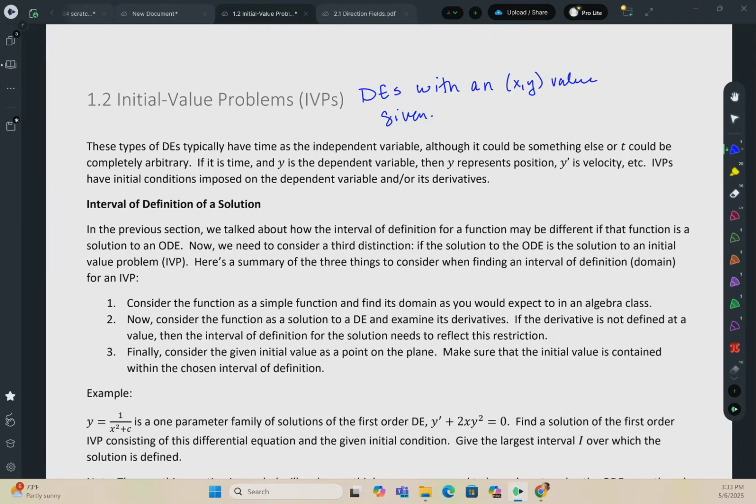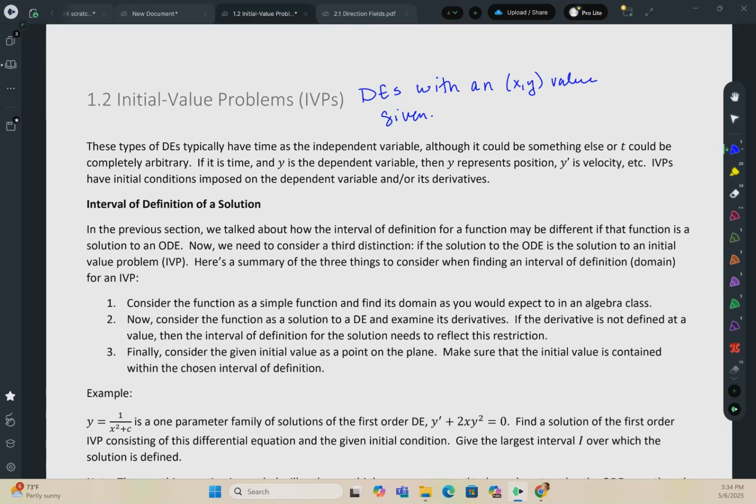So these types of differential equations typically have time as the independent variable, although it could be something else, or t could be completely arbitrary, like have no meaning whatsoever. But if it is time and y is the dependent variable, then y is going to represent position, y prime is velocity, and so on.